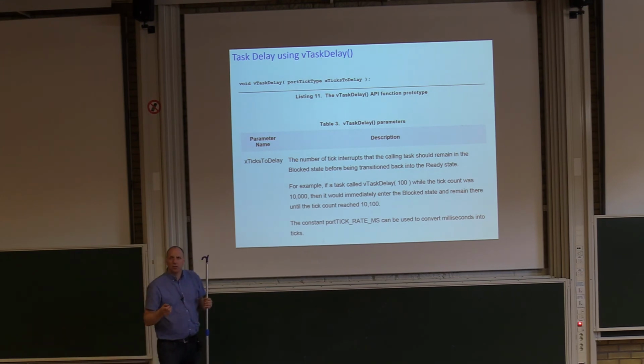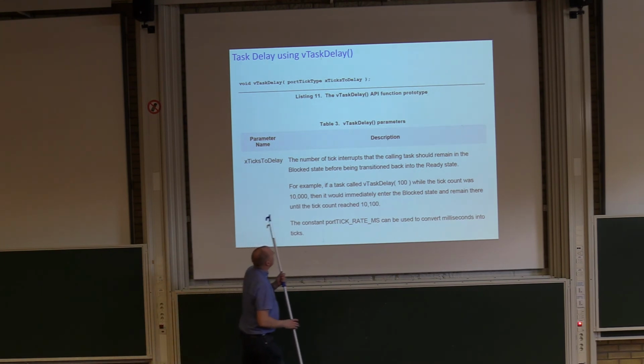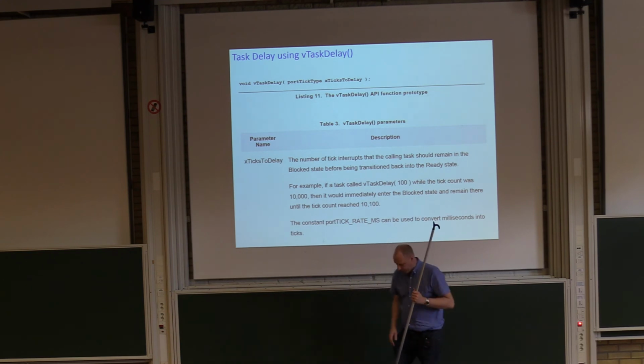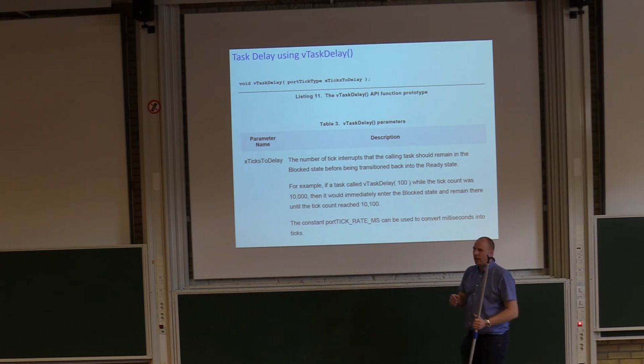And now we have talked about control tasks, for example. And typically we would like control tasks to execute periodically. We mentioned that if we would like to wait some time, we could do what we saw before.